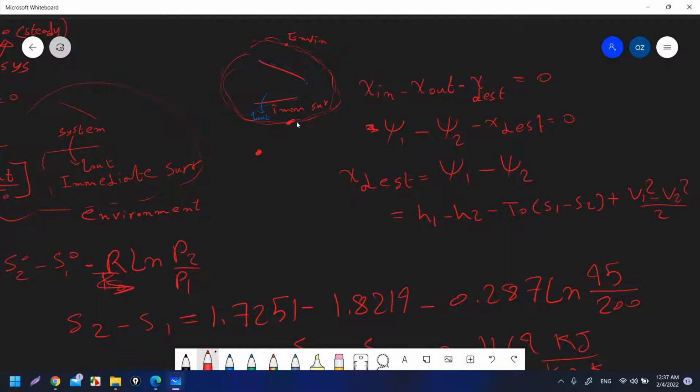Because nothing will be transferred beyond this point. For example, the temperature of the surrounding is 290 Kelvin. At this point, it's also 290 Kelvin. So there will be no heat transfer from here to here. Heat transfer is from a high temperature to a low temperature. That is why we included the immediate surrounding, and we didn't make the Exergy balance only about the system or the air only.